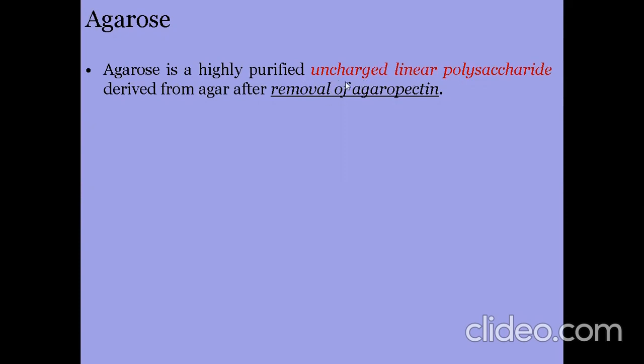It will be neutral. And linear polysaccharide means it is not circular or any other form, it is a linear polysaccharide. So we will be using a linear, uncharged, purified chemical, and that is named agarose, which is actually a part of the agar. So it has been derived from agar.